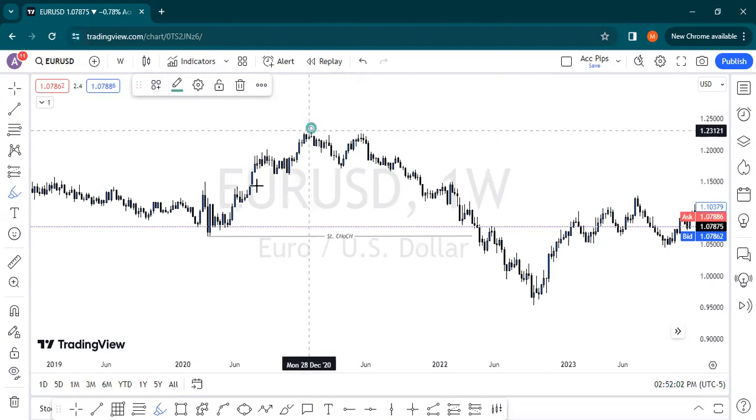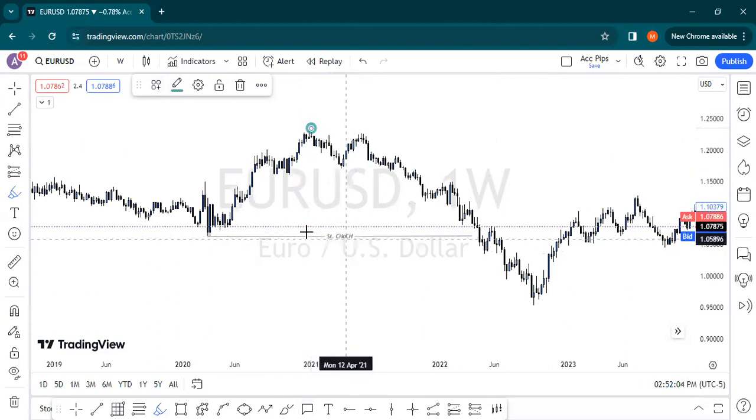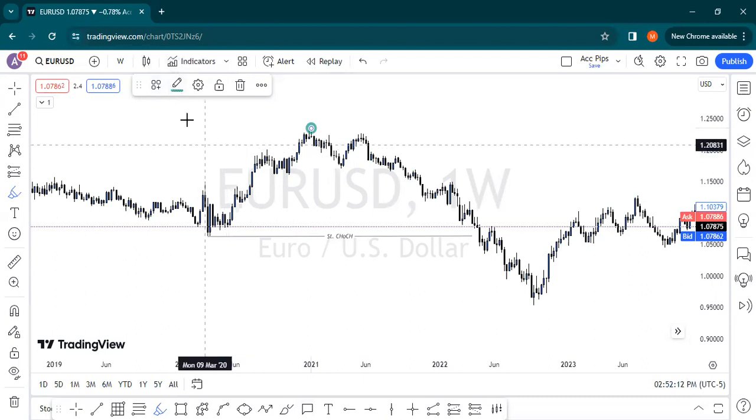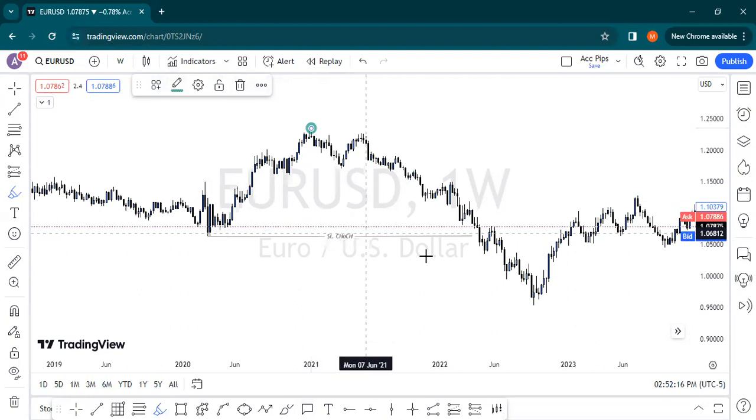This is a high after the structural low was taken. So on weekly, we are bearish, and based on that, we are going to be looking for only selling opportunities on Euro USD.